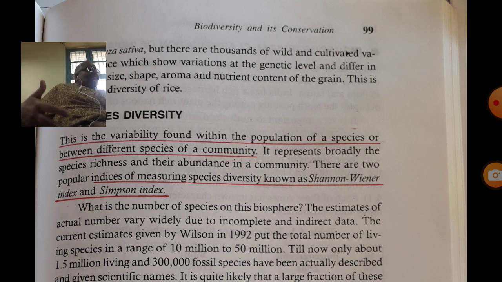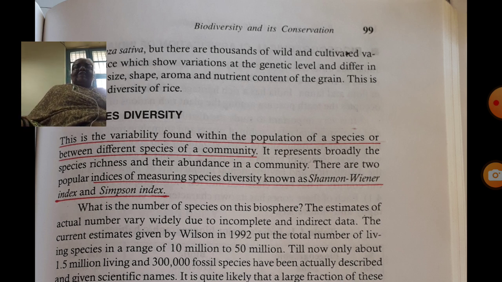And there are different ways or different indices of measuring species diversity, and to date we use 2 basic very popular indices of measuring species diversity, like Shannon-Wiener index and Simpson index. These are the two indices that are available to measure the species diversity.